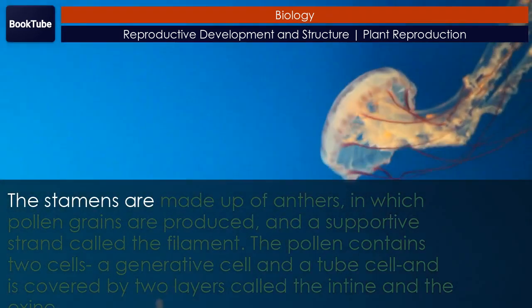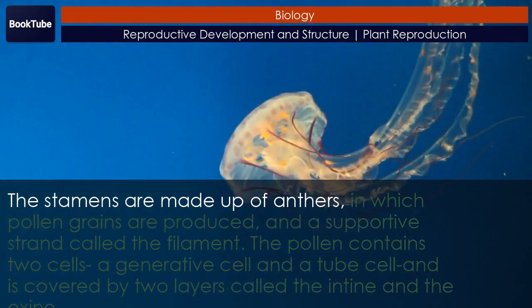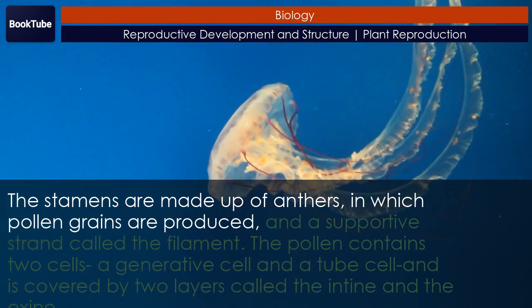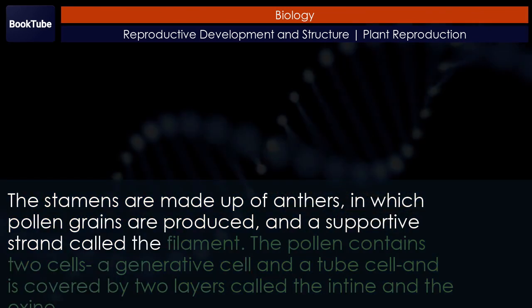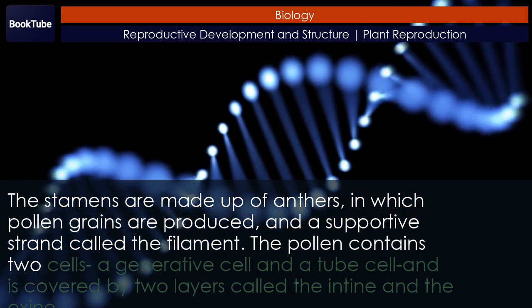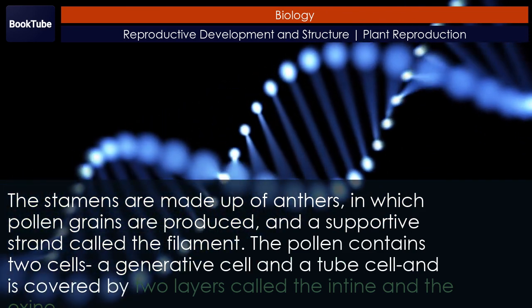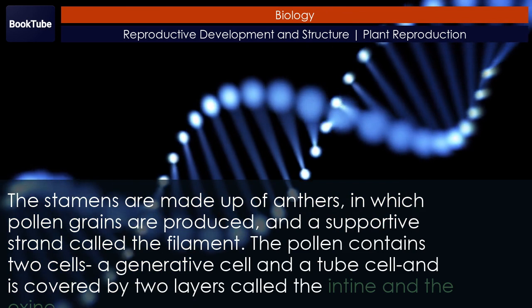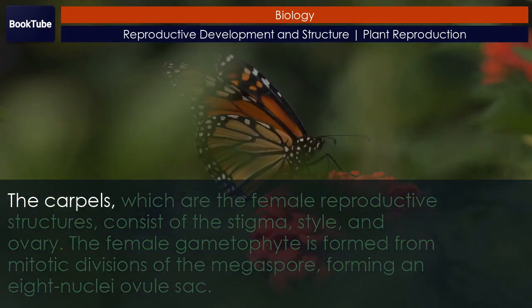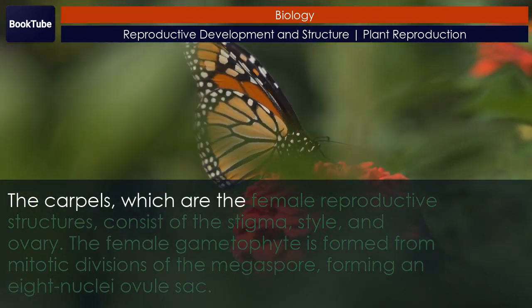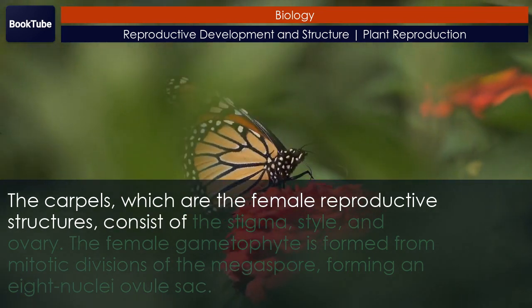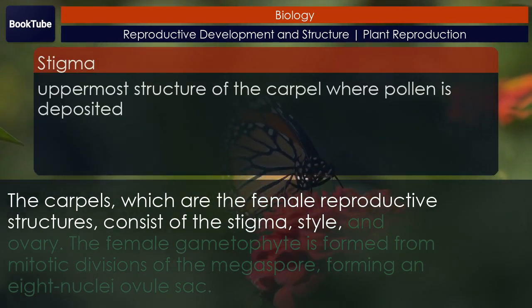The stamens are made up of anthers, in which pollen grains are produced, and a supportive strand called the filament. The pollen contains 2 cells, a generative cell and a tube cell, and is covered by 2 layers, called the intine and the exine. The carpels, which are the female reproductive structures, consist of the stigma, style, and ovary.